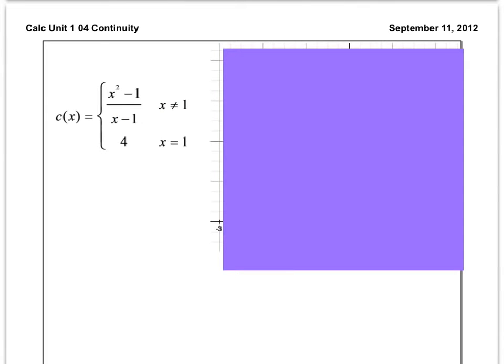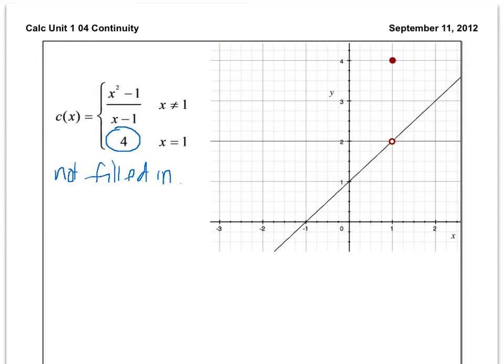Function C is a piecewise function, but if you notice, this time at x equals 1, I've defined the y value to be 4 rather than 2, which means that I have a hole, and the hole is not filled in. So it looks like that, where the y value of the function is way up here, and I still have a hole. This is called a point discontinuity.